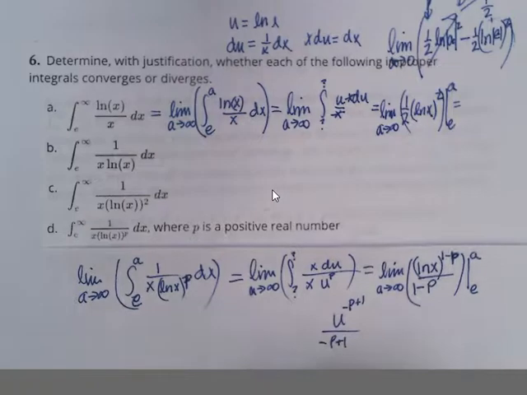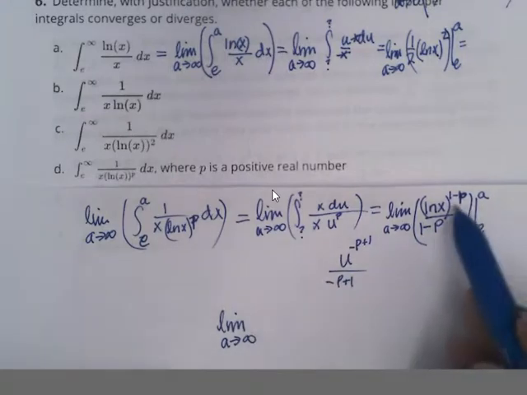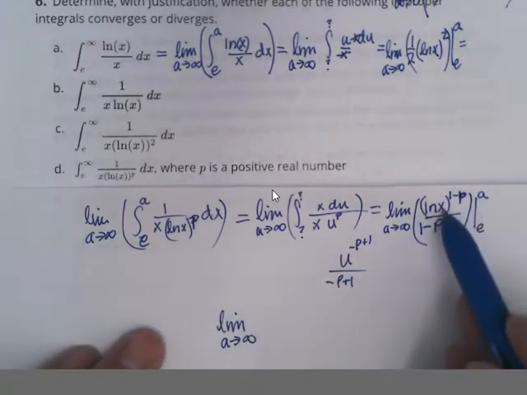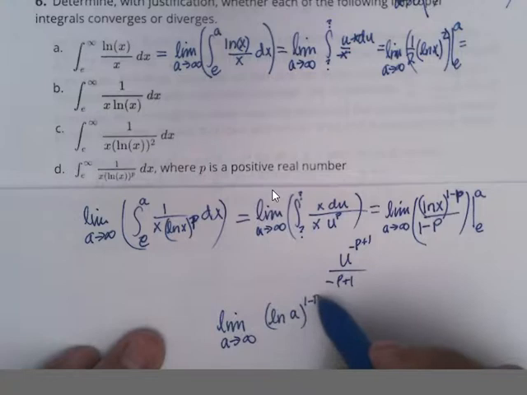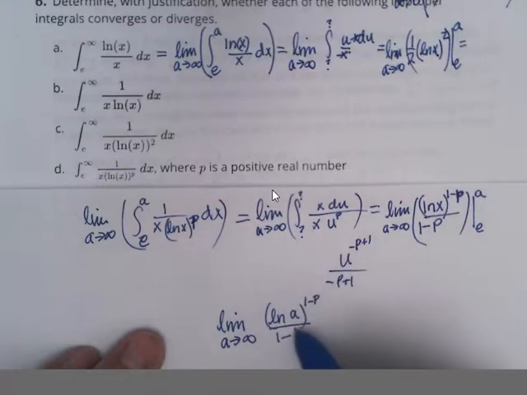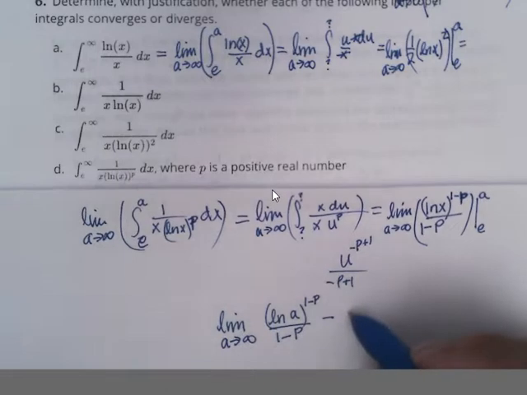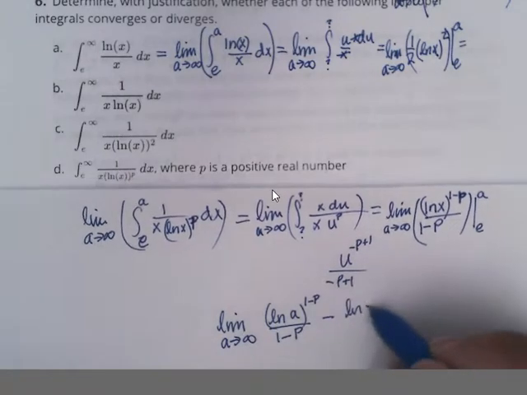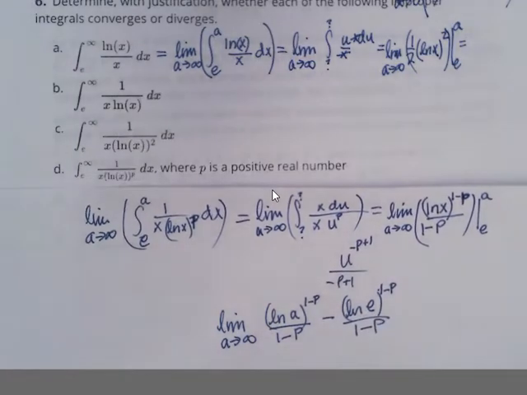So we get the limit as a approaches infinity of, putting in a for x, ln a to the 1 minus p over 1 minus p, minus ln of e to the 1 minus p over 1 minus p.